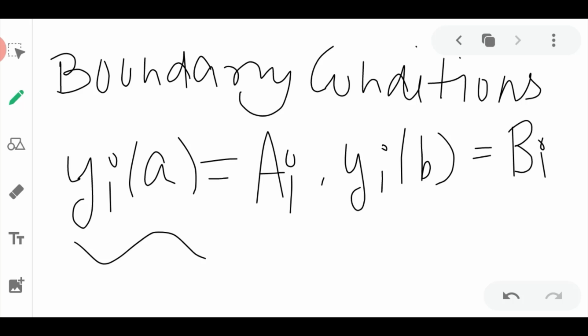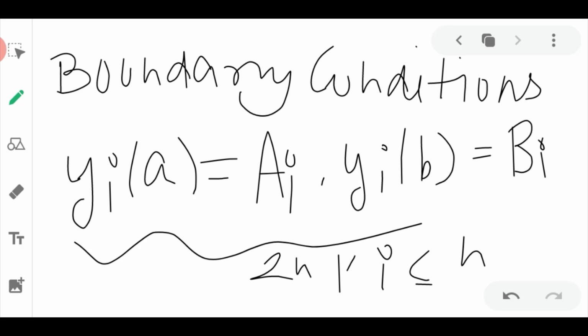There are 2n boundary conditions, which we use to determine the arbitrary constants, and the subscript i will run from 1 to n.